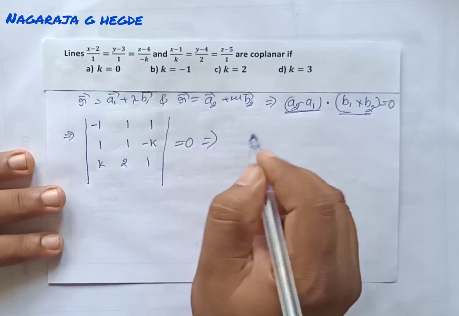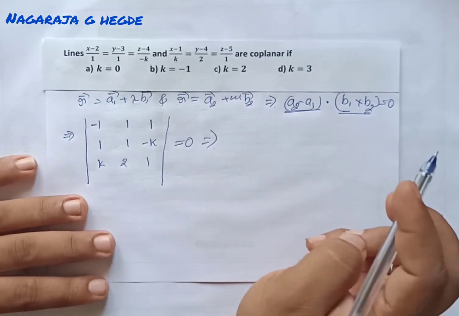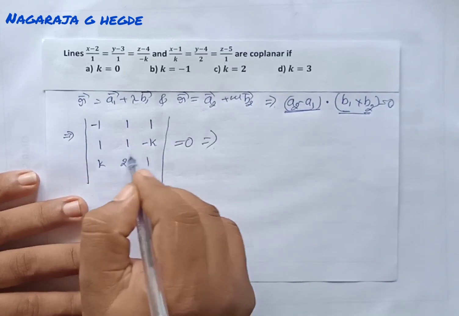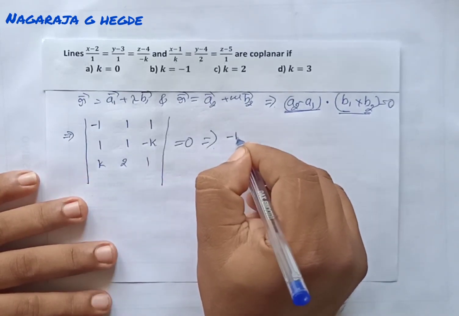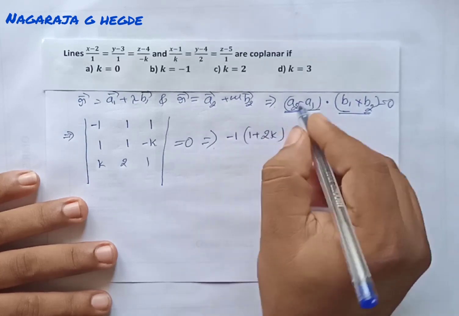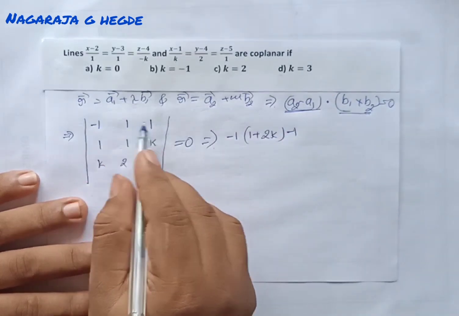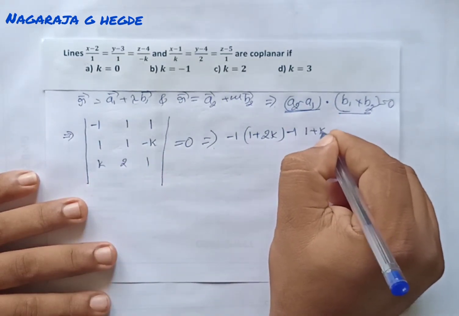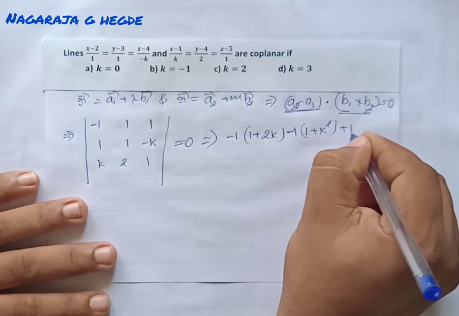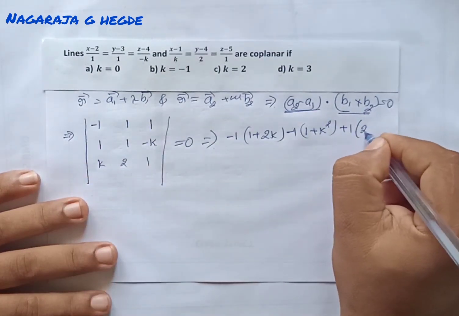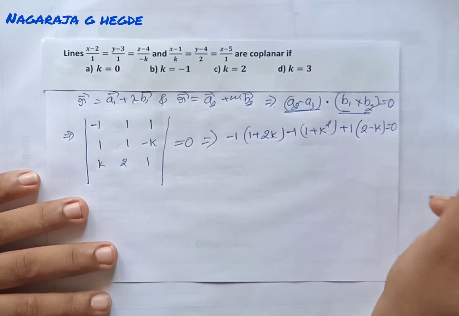If we expand this, no need to use any properties, we can directly expand and get the answer. Minus 1 into (1 plus 2k), minus 1 into, deleting the first row second column, (1 plus k squared), plus 1 into, first row third column, (2 minus k), equals 0.